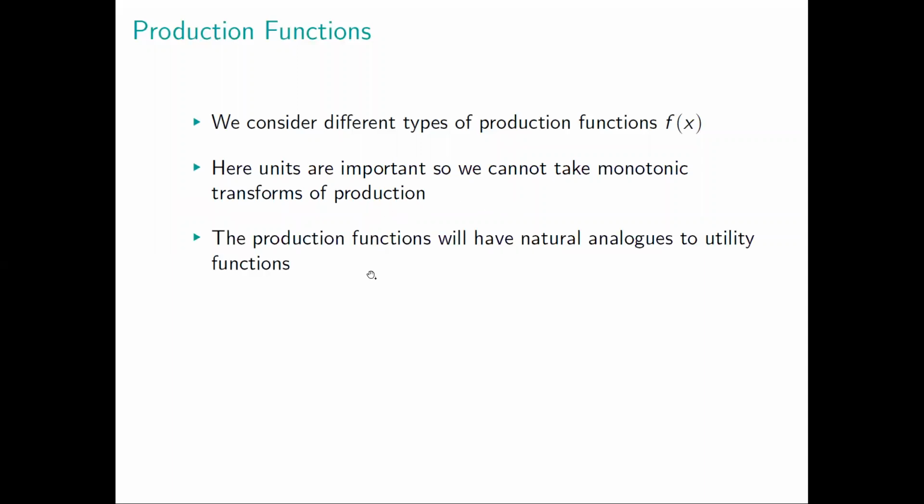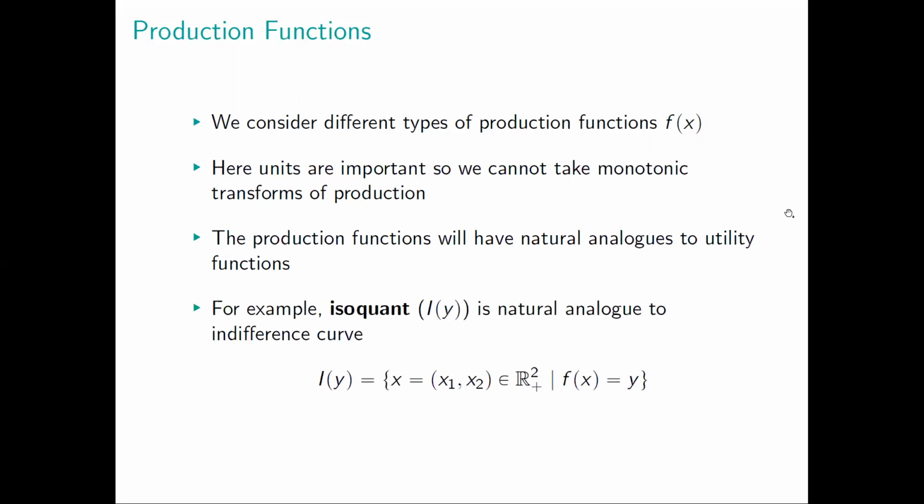The production functions will have natural analogs to utility functions though, right? So just like an indifference curve was important for utility functions, some notion of a constant or the level set of production functions will also be important for studying profit maximization and cost minimization. And the first example of this is just an isoquant, right?